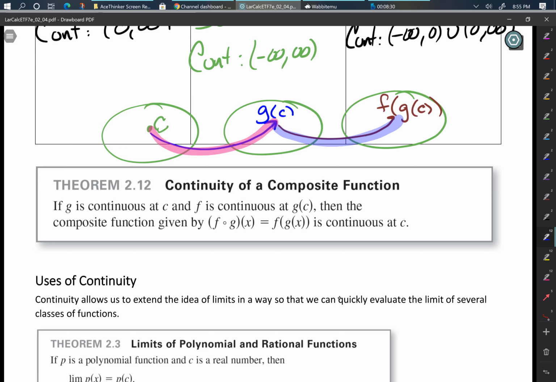So g has to be continuous at c, and f has to be continuous at g of c. So if we're looking for discontinuities, we're looking for any value here that would break this one, or any value here that would break this one.